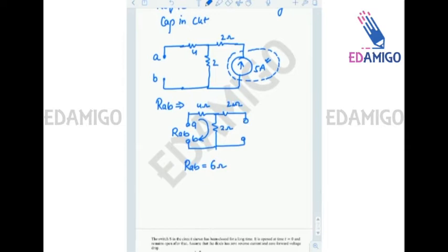So the equation VC(t) is equal to V infinity, that is 10 volt, minus V0, that is 4, e to power minus t by RC, where R equivalent is 6 and C is 0.1 farad. Okay, so the equation will be 10 minus 6 e to power minus t by 0.6 volts.